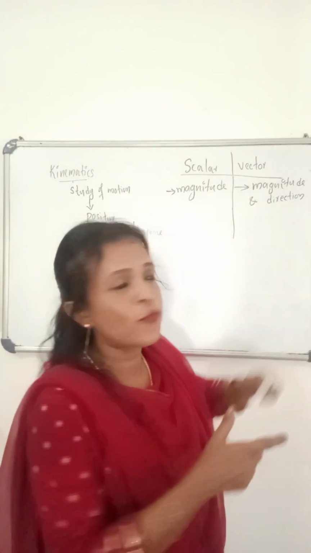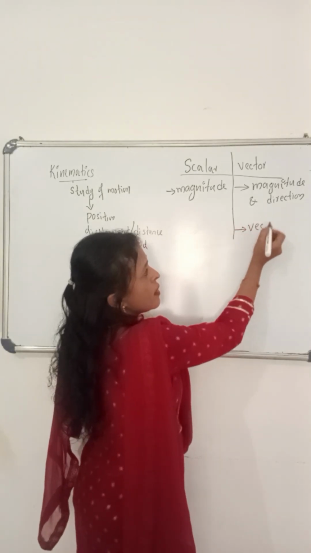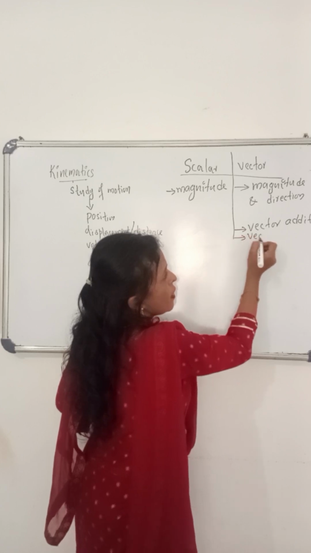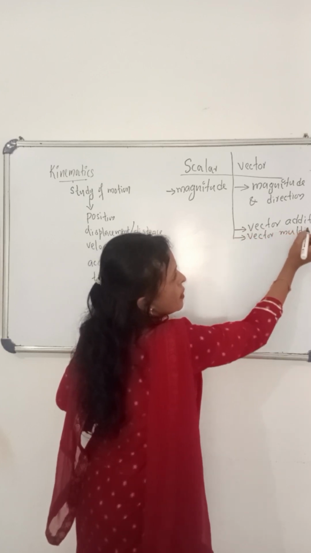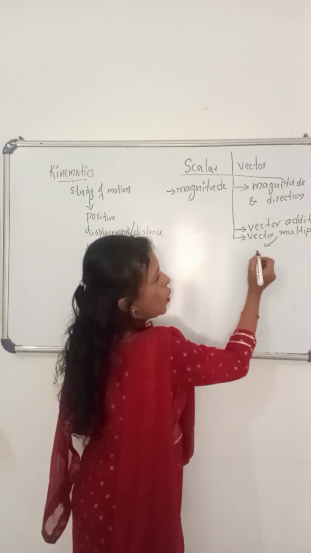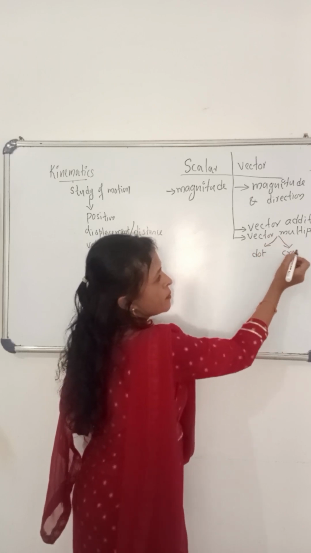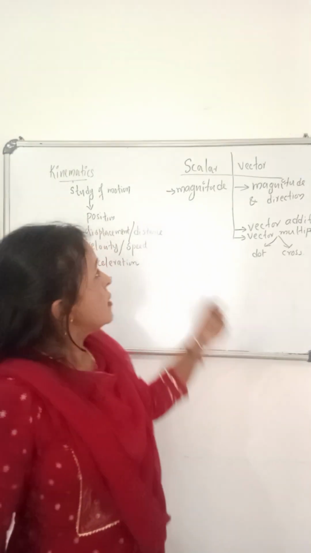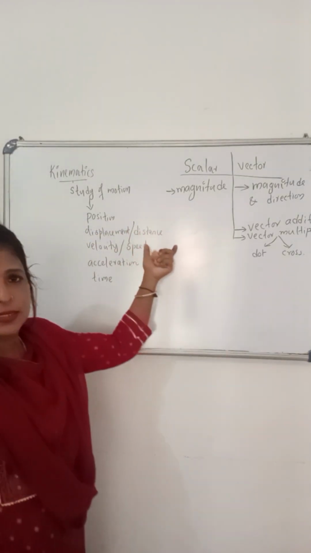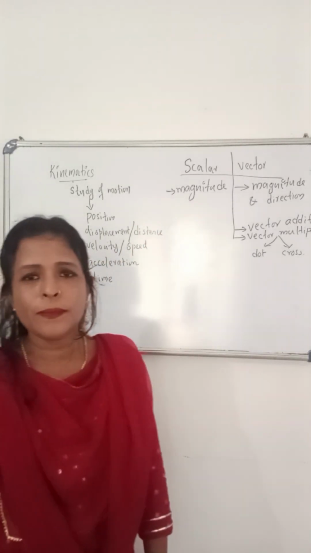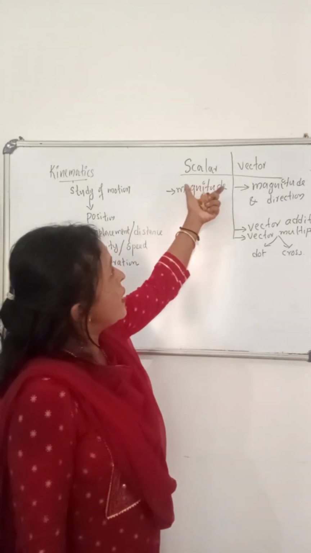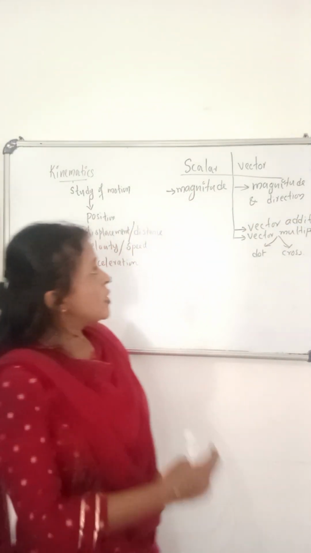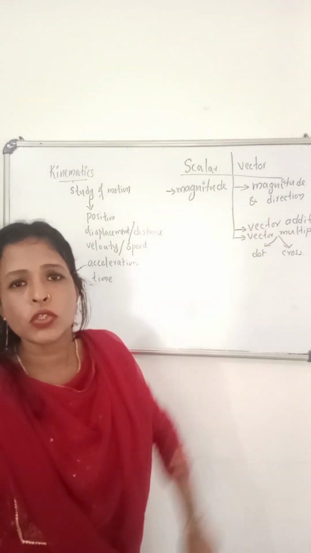That quantity needs to follow vector addition, vector multiplication, etc. Okay, dot product, cross product, etc. Then for these terms, displacement, distance, velocity, speed, we need to find which quantities belong to scalar, which quantities belong to vector.